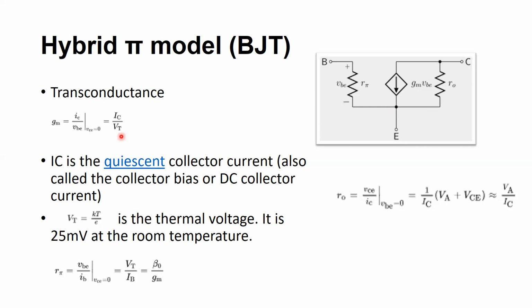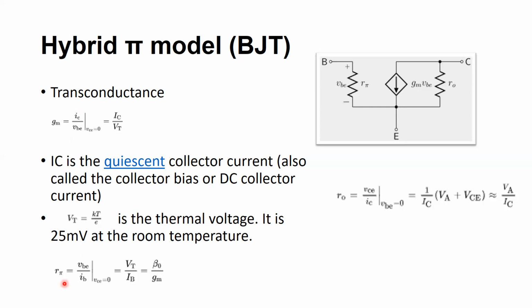After biasing the BJT, you plug in the value of the collector bias current, or the DC value of the collector current, and you get your transconductance for the BJT circuit, because transconductance then helps you to evaluate and calculate the voltage gain. You can use this expression to calculate that.